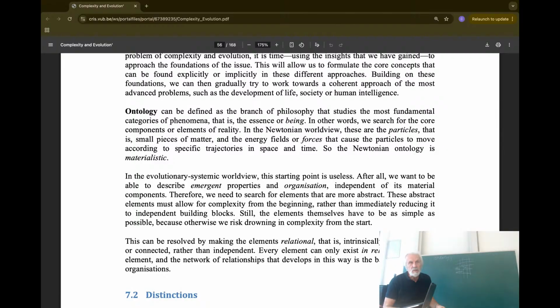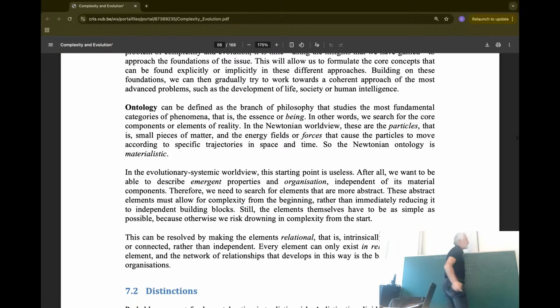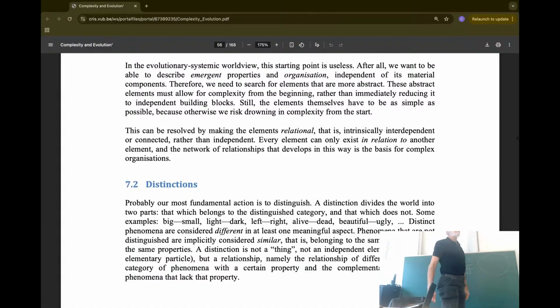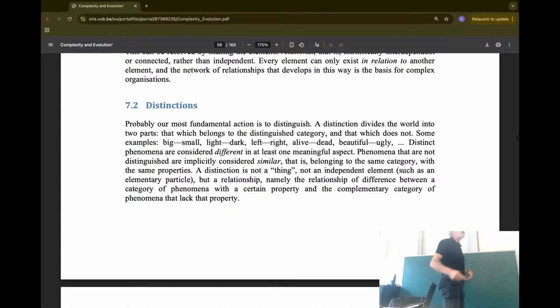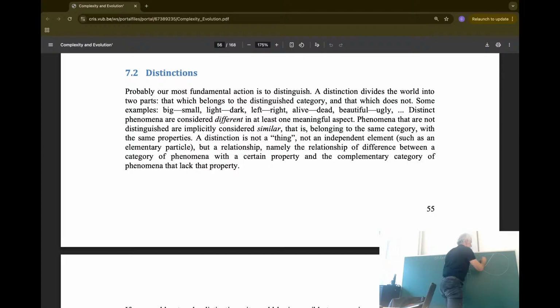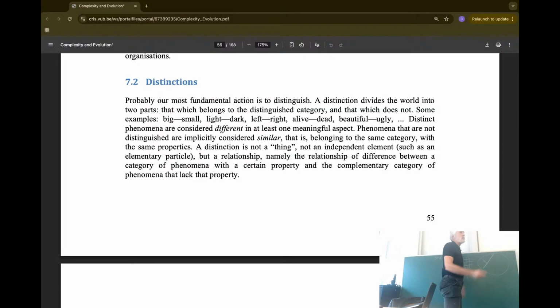So let's start with the distinction. What is a distinction? A distinction simply means that here is the world, everything you could possibly perceive or know, and you split it in two, and you say, this part I call X, whatever X may be, and this part is not X.